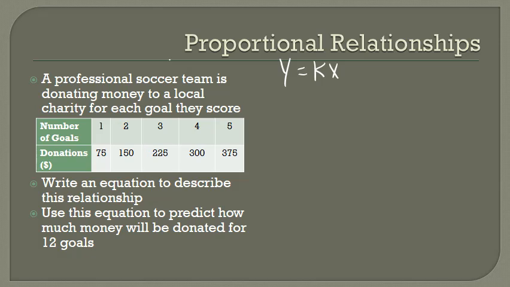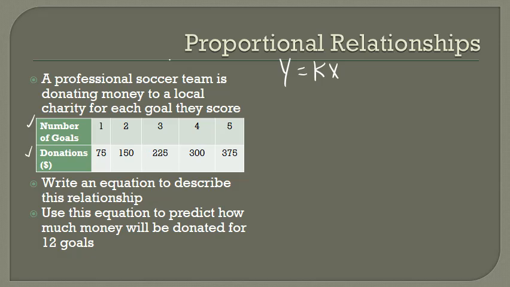Now, on page 198, we got example 1, which is a proportional relationship. And we're given some data here along with a little description that a professional soccer team is donating money to a local charity for each goal that they score. And we've got a table here that gives us the number of goals and the amount of money donated.